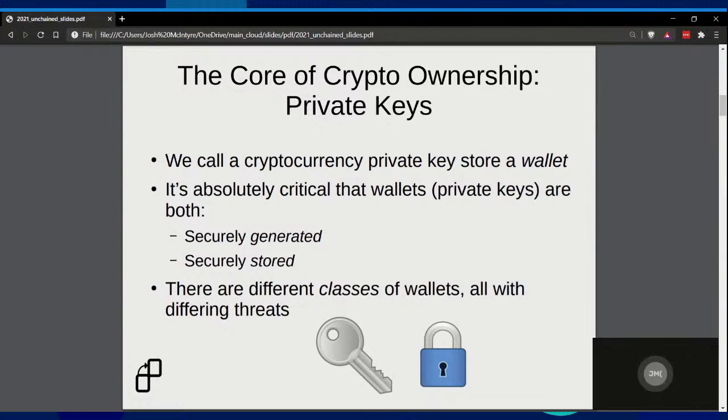Users, these keys are what gives you full and utter access to spend and transfer cryptocurrency, all of your money. There's differing what I would describe as classes of wallets, all with differing threats that you have to understand and address when we're talking about security.